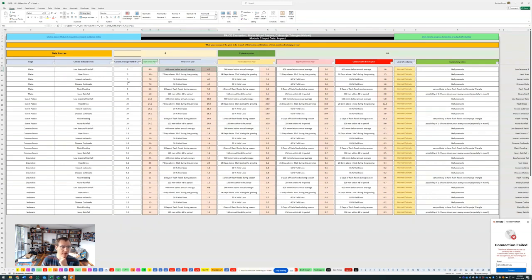There are some similar things as we go through. If there is only 1 day of flash flooding, this line is incorrect as well because the units are wrong. So you really need to go through this and check the numbers that you've put in. One way you can do it is to use this filter here, and instead of these being ordered by crops, you can just order by the challenge.